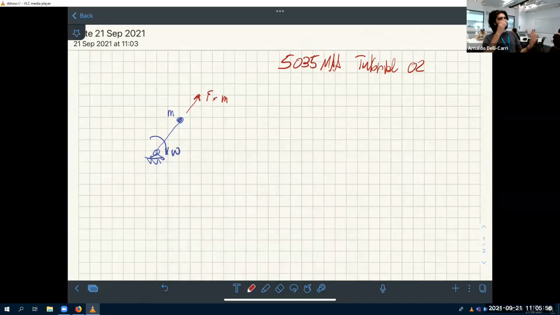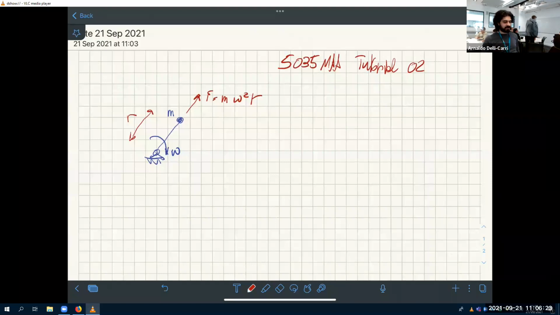The centrifugal force is an inertial force. Remember, it's the opposite of the centripetal force, which is mass times centripetal acceleration. The centripetal acceleration is omega squared times r, where this r is also the link dimension.